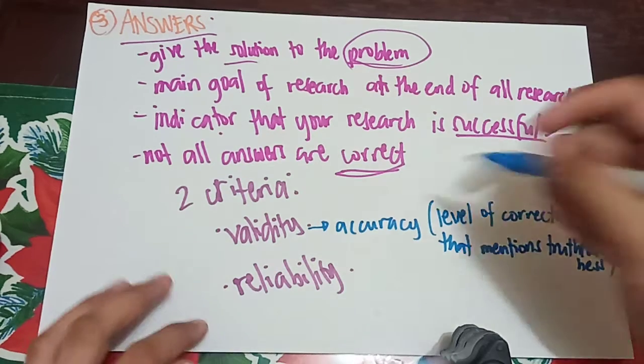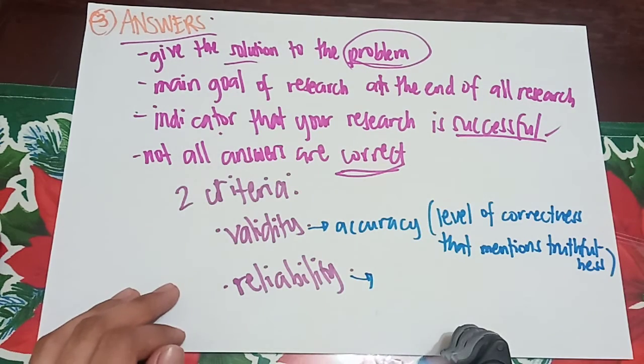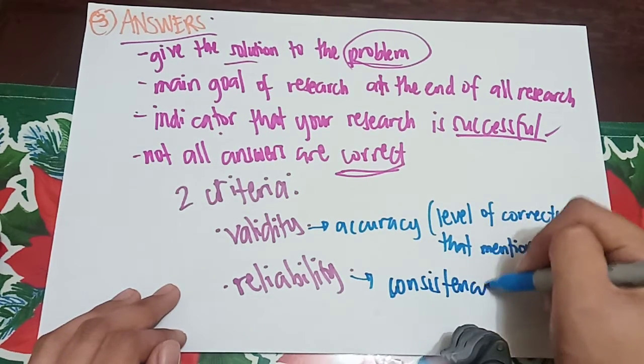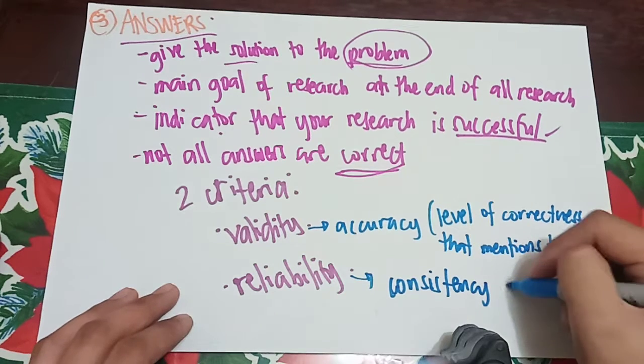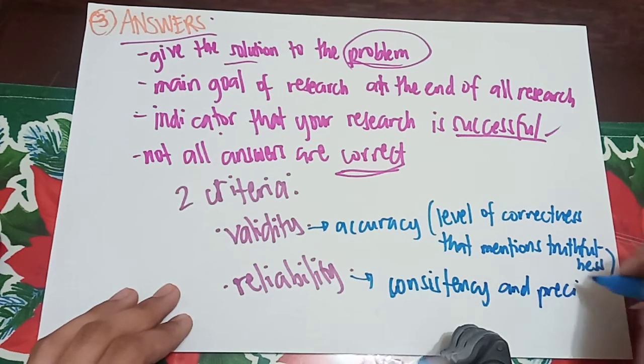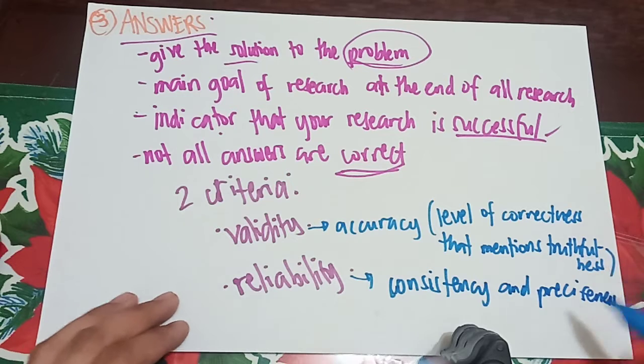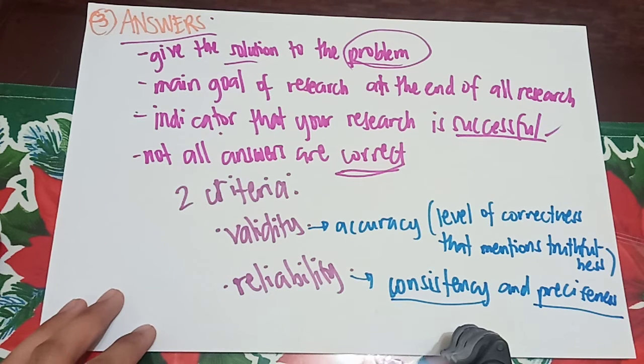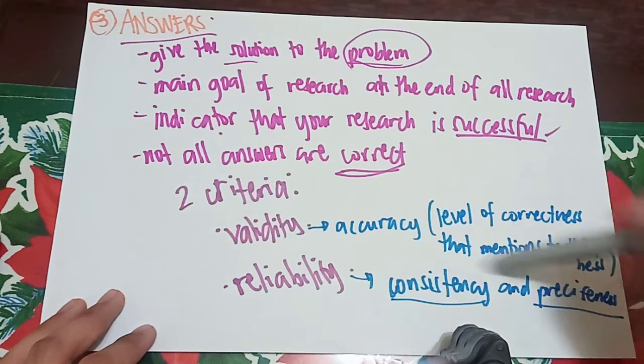Next one is reliability. When we say reliability, there is a consistency. There is a presence of consistency and preciseness on your data. So meaning to say, your results must have the right level of correctness.